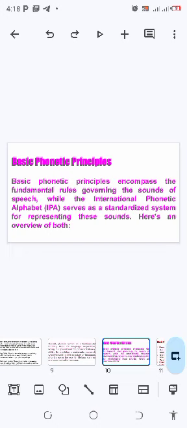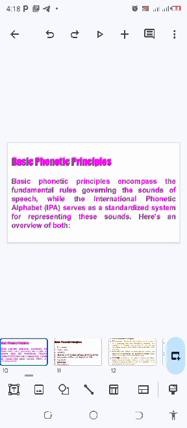Our letters are representing codes, while the IPA brings out the sound that the letters represent. So each letter has a name, while the phonetic alphabet has a sound. So we now relate the sound of the phonetic alphabet to the letters that we already have in our English alphabet. So these are the basic principles of phonetics.